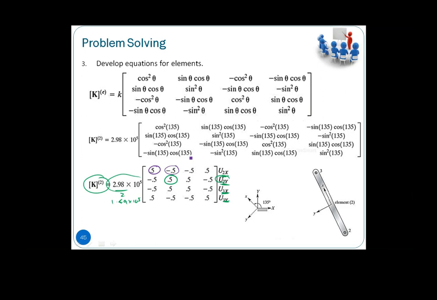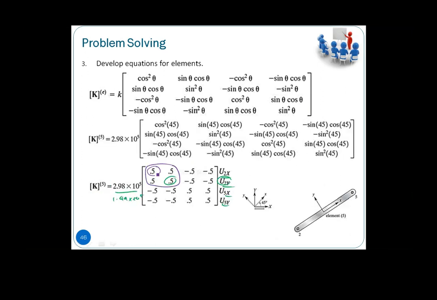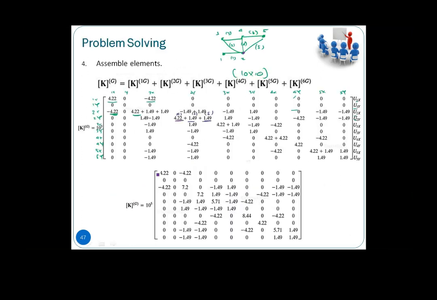Okay, at here is a negative. All right, so here we have both positive. All right, then we have here negative from element number 2. This is element number 2. This is element number 5, right?